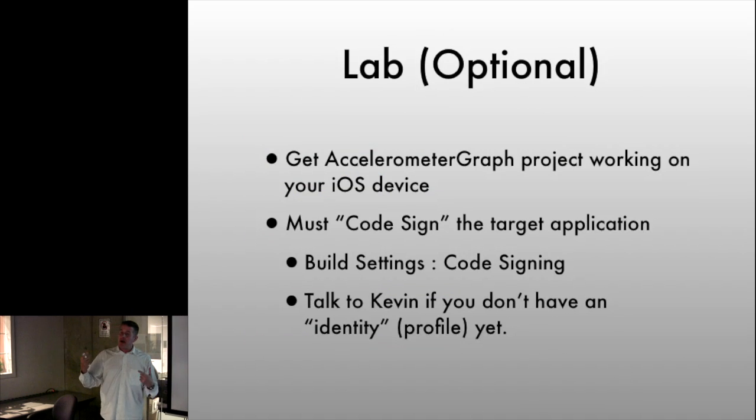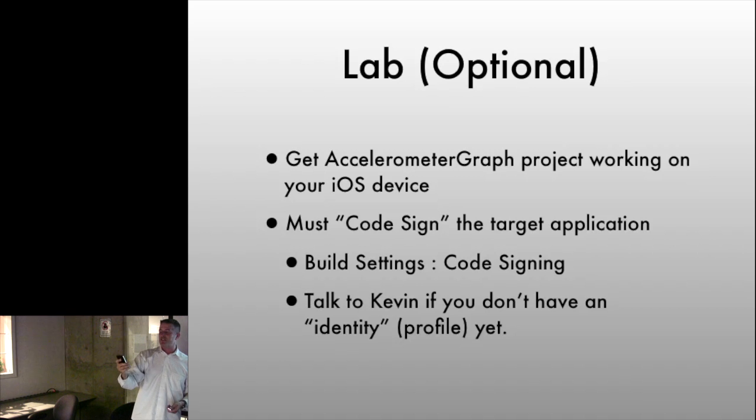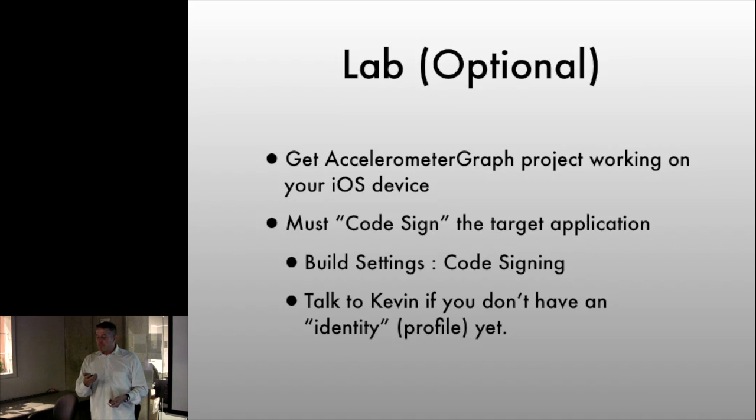So today's lab that will be up in a moment is the accelerometer graph project. I'm only going to demo this in a little tiny screen so that you can't see it, so that you actually have to do it yourself. But it's really super cool. As you start to move the device, you can see the acceleration along all of the different axes in real time. It also has a high pass and low pass filter, as well as an adaptive filter, so that you can see the bumps and jars.